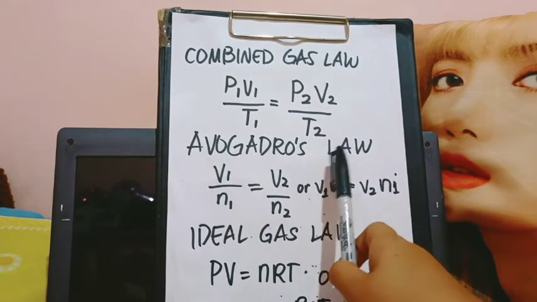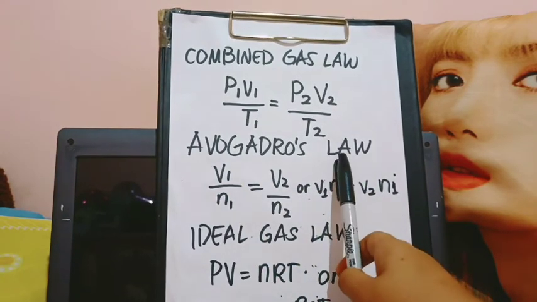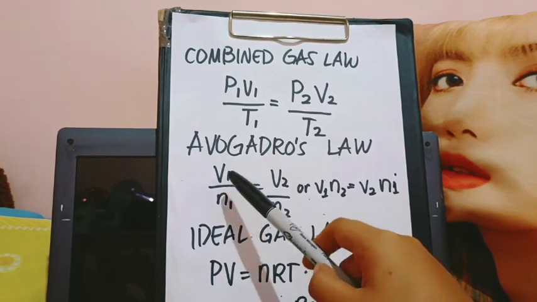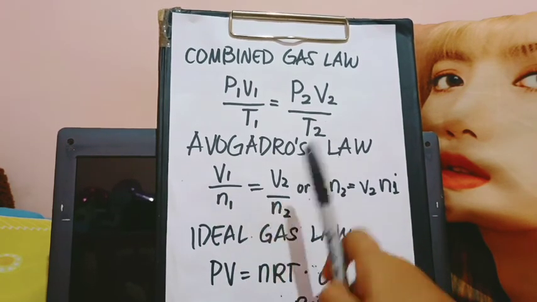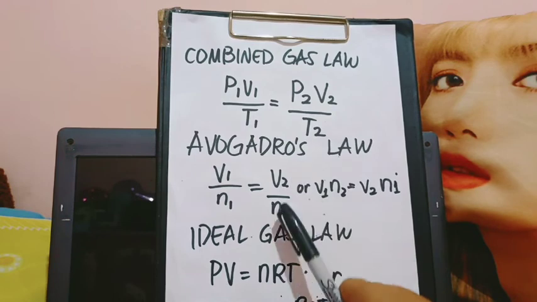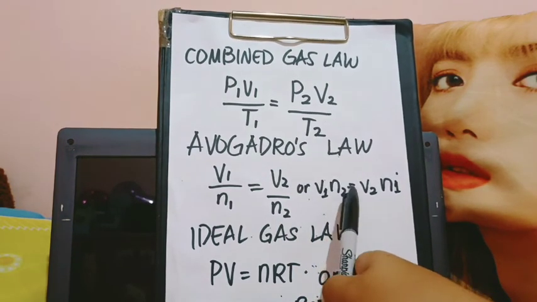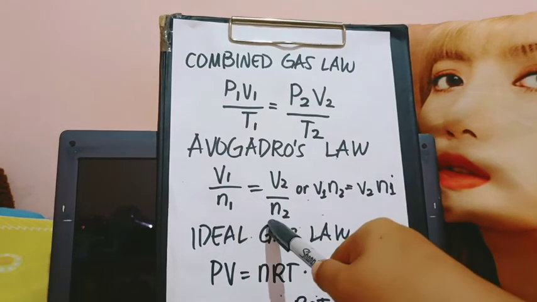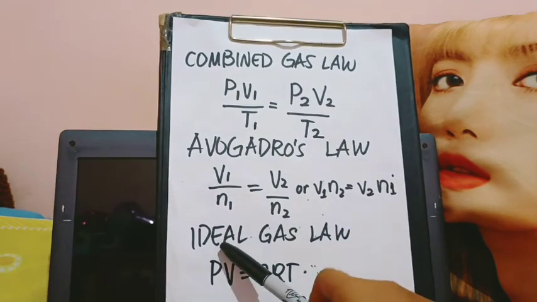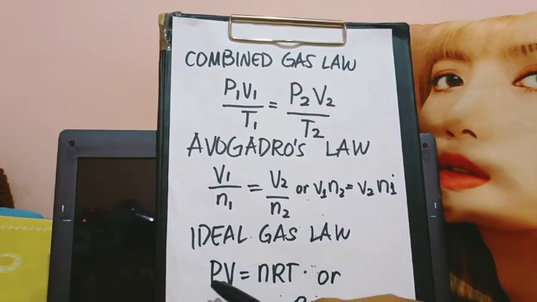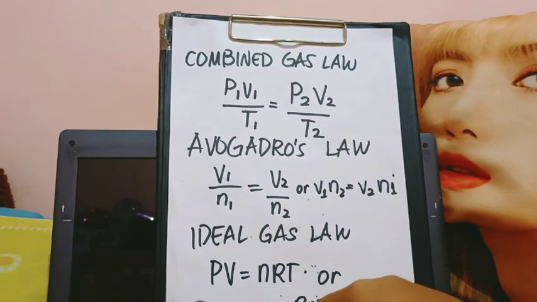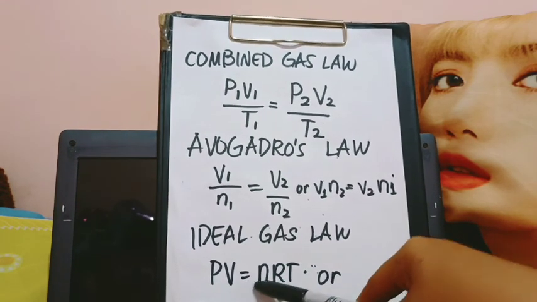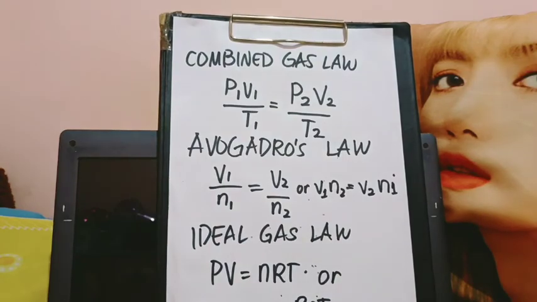Then for Avogadro's law, the working formula is V1 divided by N1 is equal to V2 divided by N2, or V1 N2 is equal to V2 times N1. So again it's just cross multiplication. Then for the ideal gas law, the working formula is PV is equal to nRT. So, that's all.